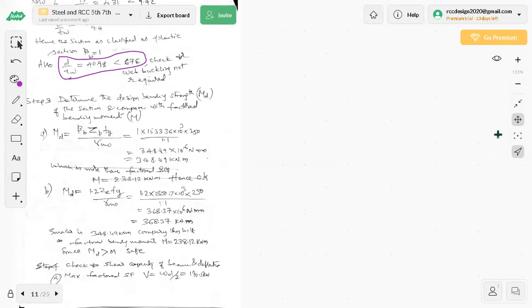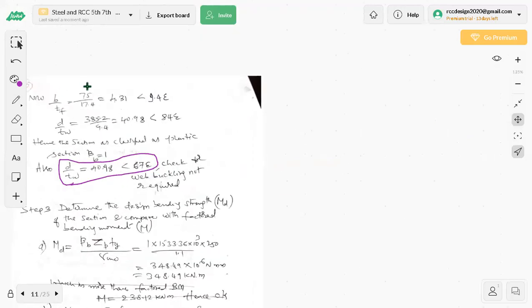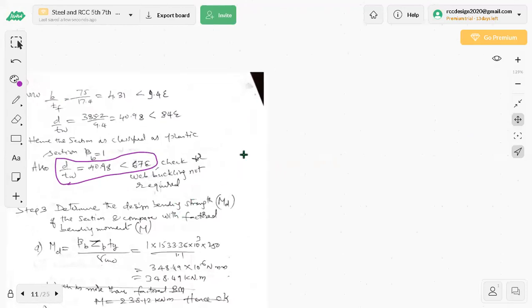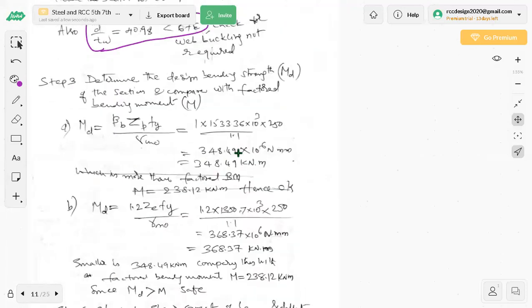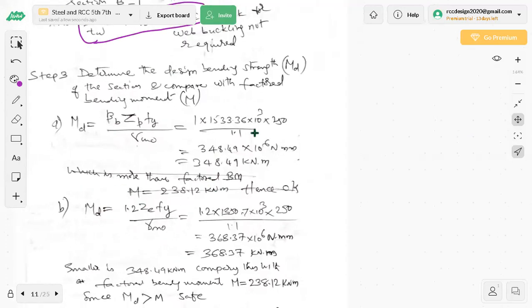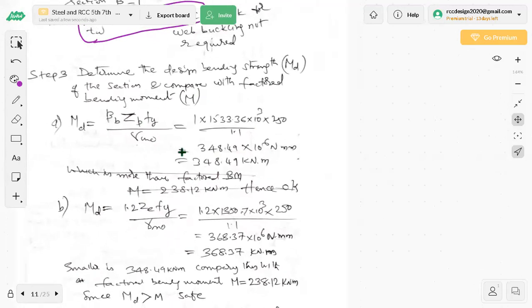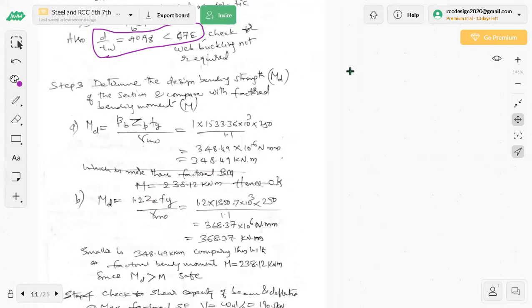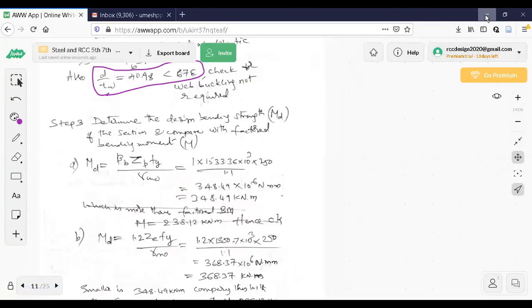Now it is proved that because of these parameters the section is plastic and beta B assumed is correct. So determine the design bending strength. Once this is done, the design is almost over, but I have to check whether the bending strength is sufficient or not.